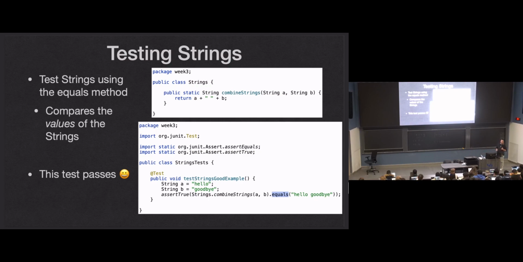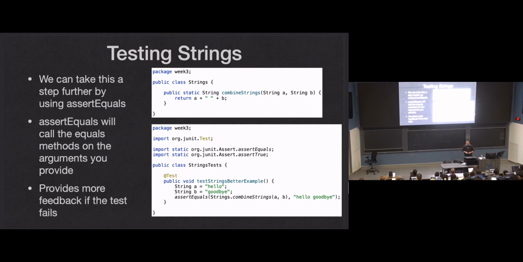If there's an equals method overridden for that, the default equals method will compare by reference. So this isn't always our solution, but for built-in Java types, this is often going to be our answer. String has an overridden equals, which will compare the characters. That's what we want in this case. So this test passes as it should, and we're feeling good about that.